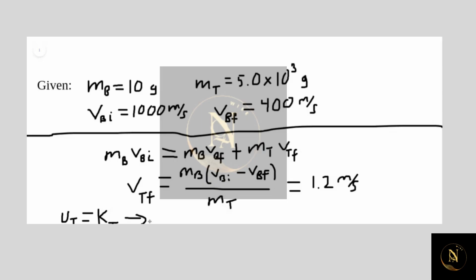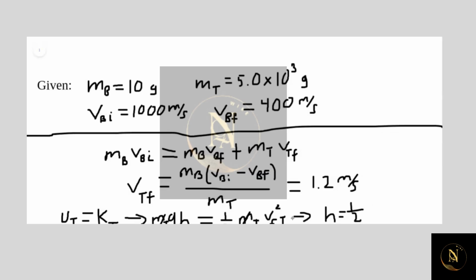So m times g times h is the initial energy, or the potential, is going to be equal to 1/2 m, and this is the mass of the target here, right, times the final velocity of the target squared. Okay, well, the masses are going to cancel, and we can solve for h.